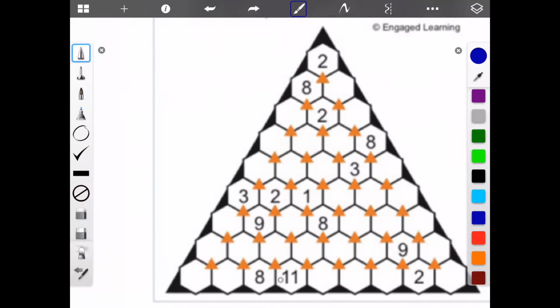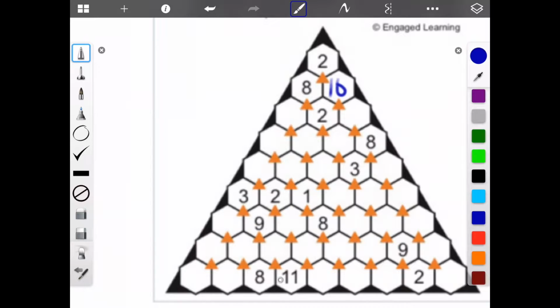And so to get to 8, it could be 6, which is 6 plus 2, or it could be 10 minus 2 to get to 8. And this one is kind of hard to get to absolute, so I'm going to start here at the top. And to get to 8, it could be 6, like I said, or it could be 10.